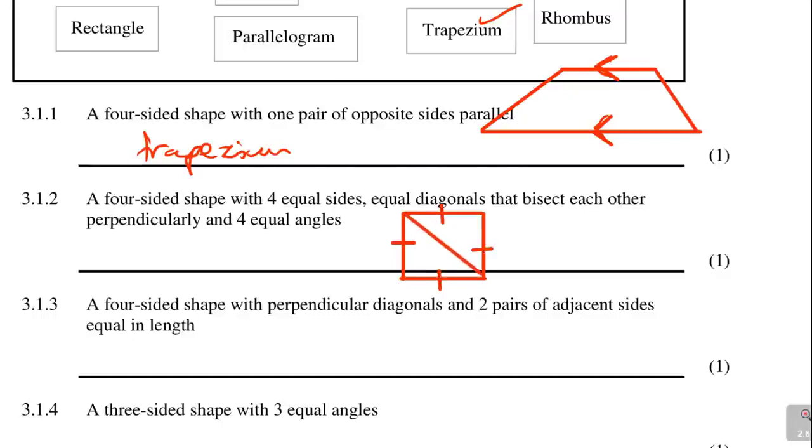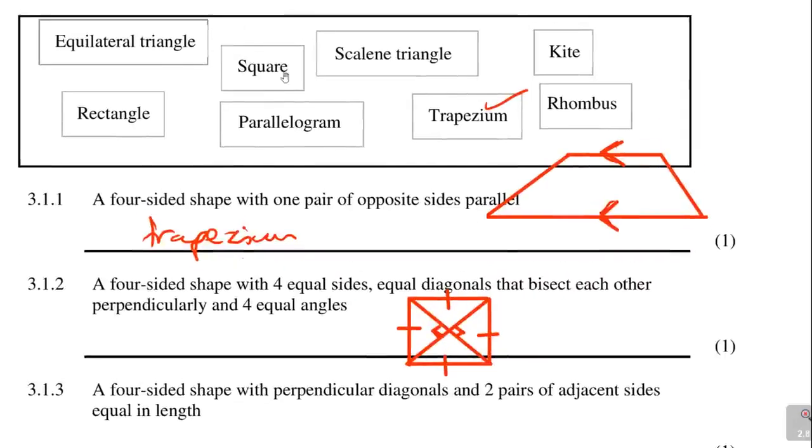The diagonals, there is the keyword. The diagonals bisect each other at right angles, perpendicularly, right? And 4 equal angles. These are 90 degrees, all of them. So what is this? It's a square. Do we have that part which says square? Yes, there. So this one is a square.